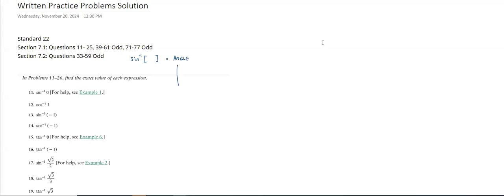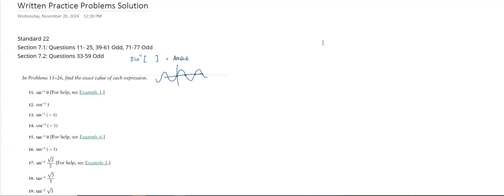You know how the graph of a sine function looks. What are all the angles for which sine has a value of 0? That is what this is asking you. All of these values in here are going to be possible solutions.